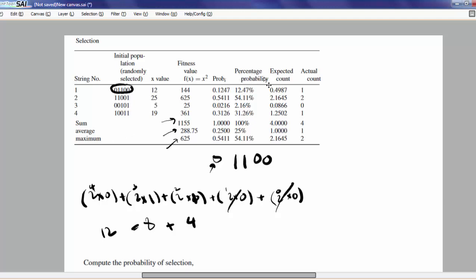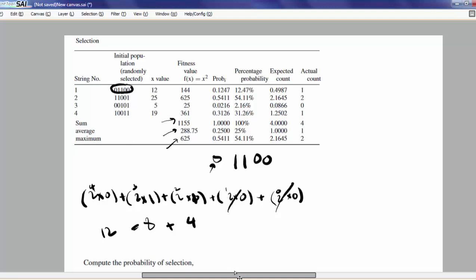We use probability, expected count, and actual count, which gives us an idea which strings or chromosomes participate in the next step, I mean the crossover operation, using roulette wheel selection. So this gives me an idea which chromosomes will have a good opportunity to go to the mating pool or go to crossover.